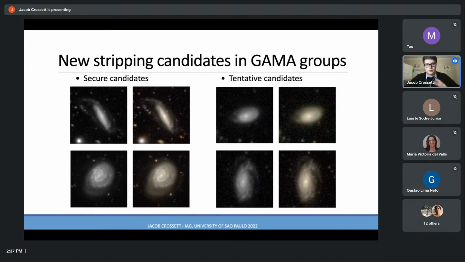All of these galaxies were visually identified by Tutku herself, as well as a couple of others to verify them. We ranked them as secure candidates, where everyone really thought they were strong candidates and had definite ram pressure stripping signs, or tentative candidates, when only one or two of us saw features of ram pressure stripping. The images here on the left are the g-band image in the black and white ones, and the right ones are the three-color gri images.